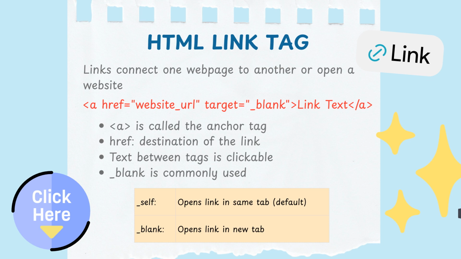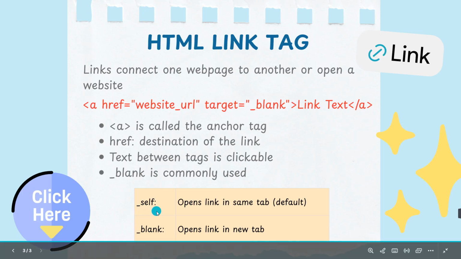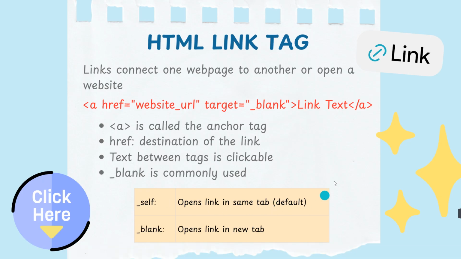It won't open a new tab and show me the web page there. If I'm keeping _self, the default value is _self. Opens the link in the same tab. Well, you can change it to _blank if you want the link to open in a new tab. Now, these two options are enough for the beginners right now.